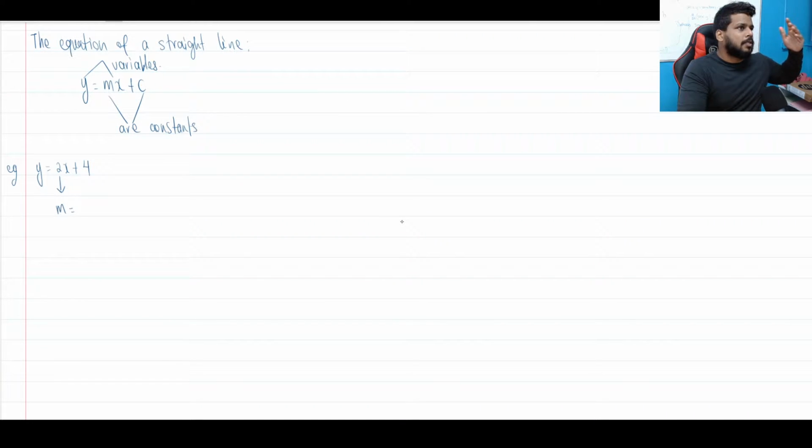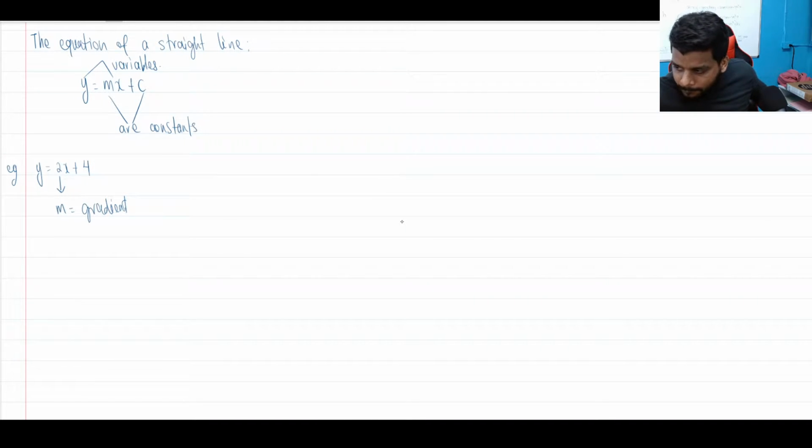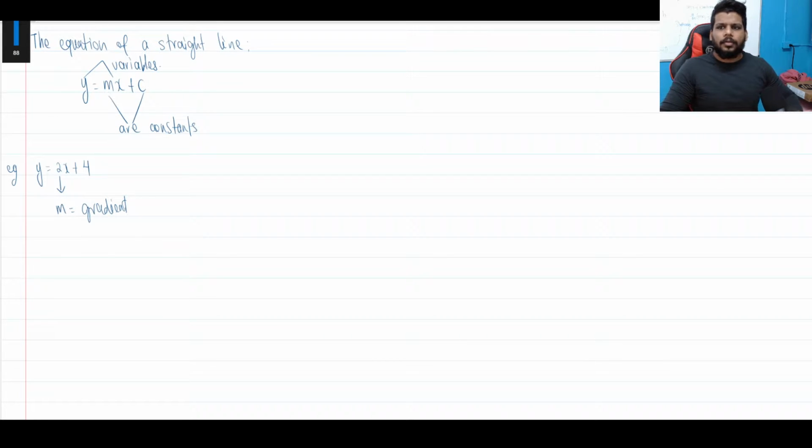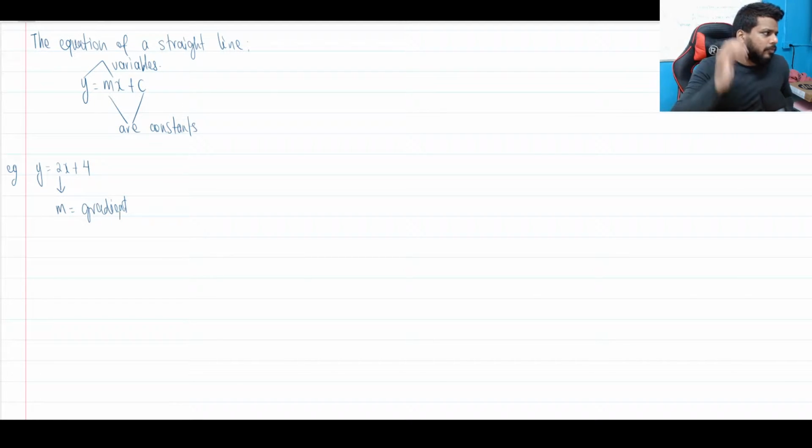And m is equal to the gradient. m represents the gradient, and this number here is looking like c, which will represent the y-intercept.